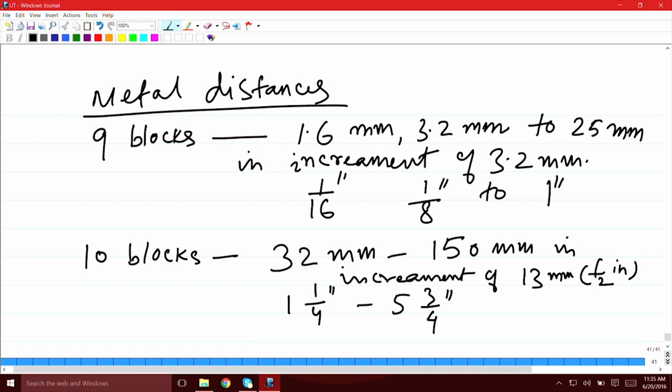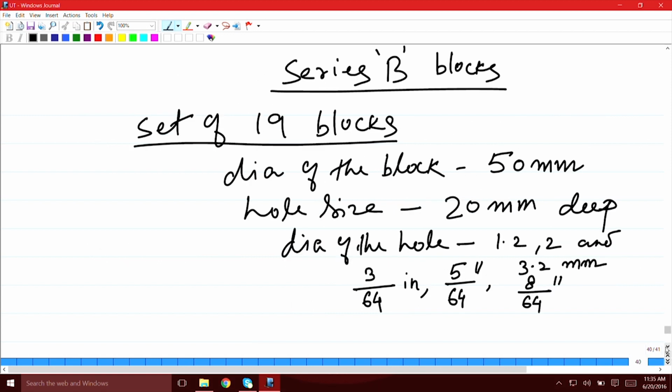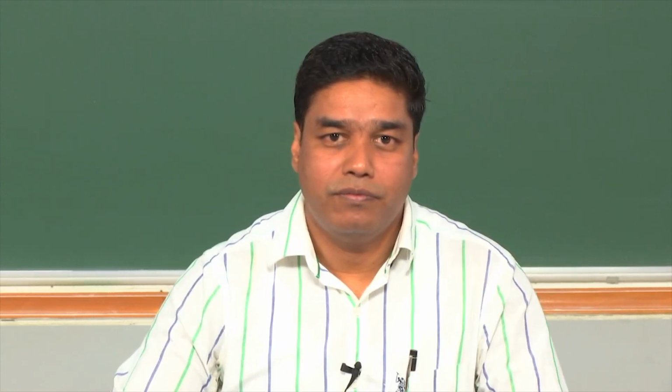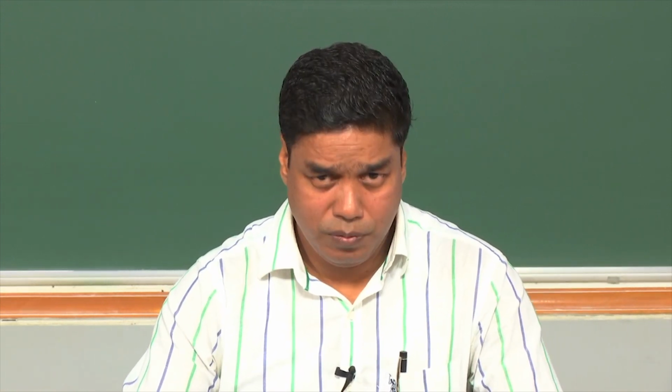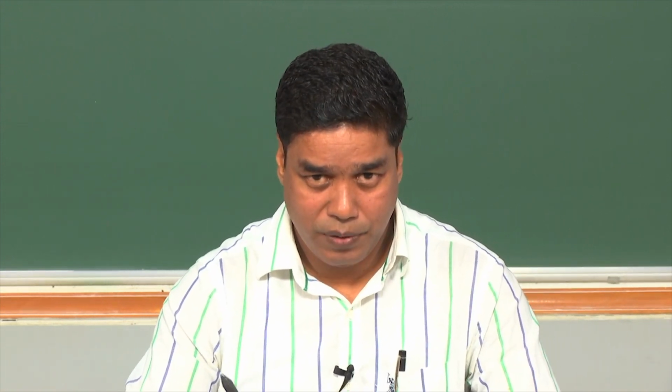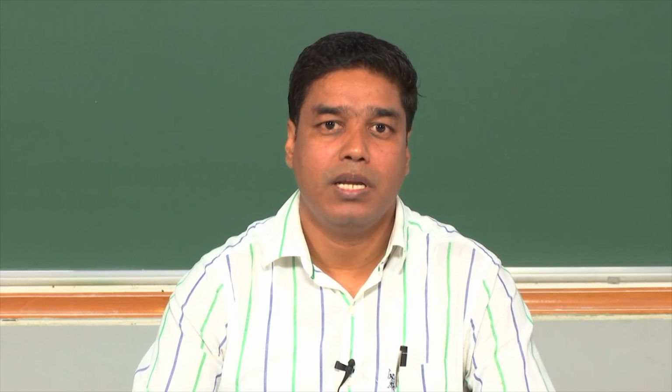Okay. Now, let me come back to this and tell you why the hole diameter is kept in terms of 1/64th of an inch. This is to give a nomenclature to these blocks, some kind of designation, so that you would be able to identify a particular block by a particular number.